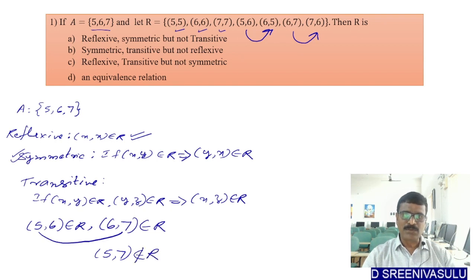Not belongs to. (5, 7) does not belong to R. Therefore, R is not transitive.